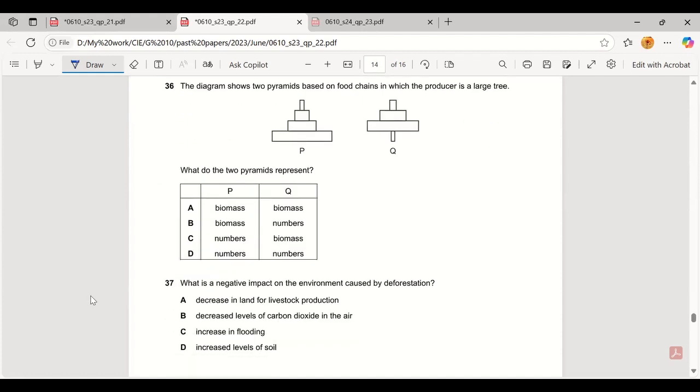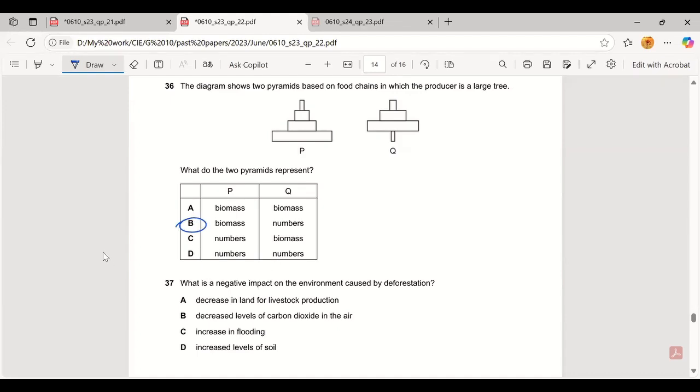The diagram shows two pyramids based on food chains in which the producer is a large tree. What do the two pyramids represent? Mariam? P represents biomass, Q represents number.